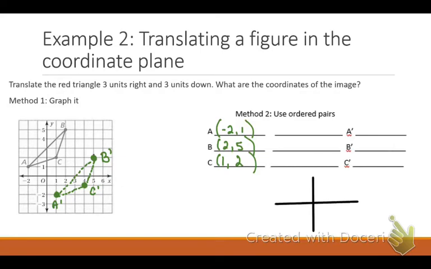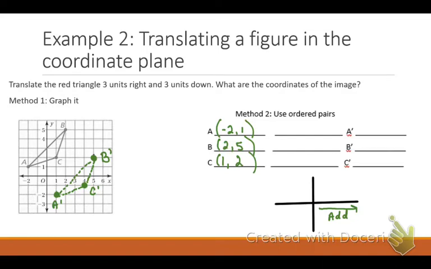Okay? If I'm moving to the right on the X axis, do you think that would represent addition? So think about how the numbers progress on a number line. Would that be addition, positive, moving to the right, or do you think that would be negative to move to the right? That's positive, all right? So if the figure is moving to the right, that means that I need to add that value to the original X value.